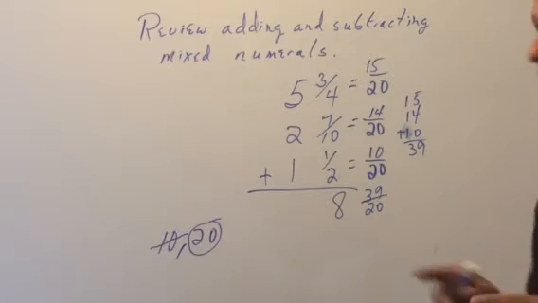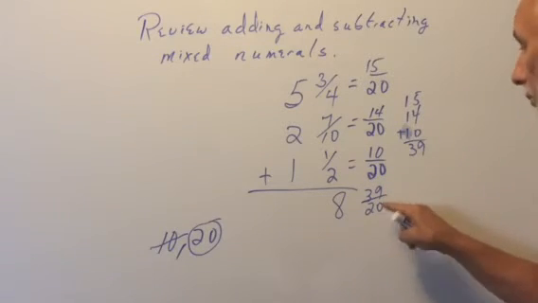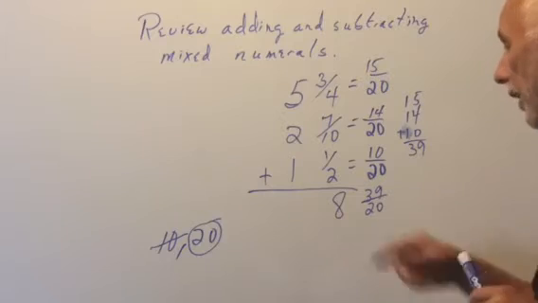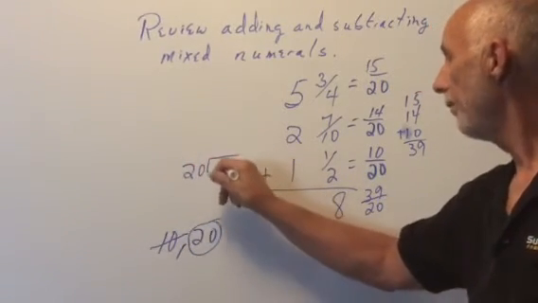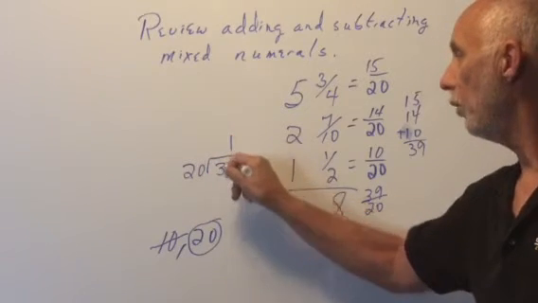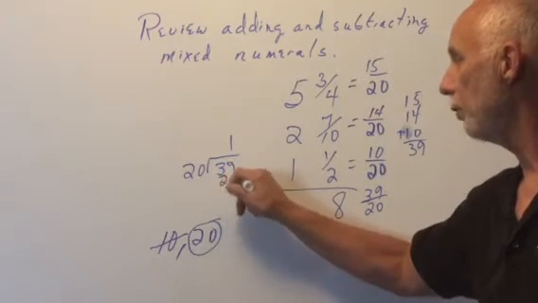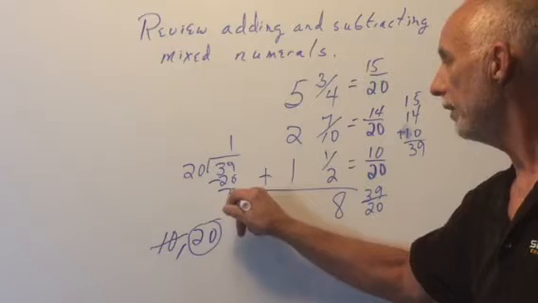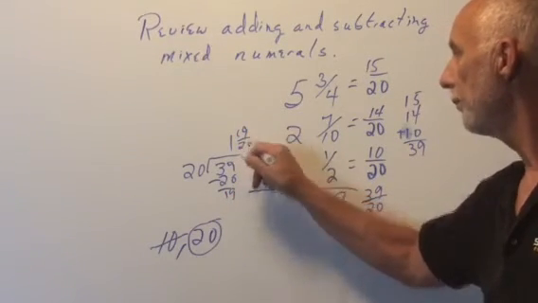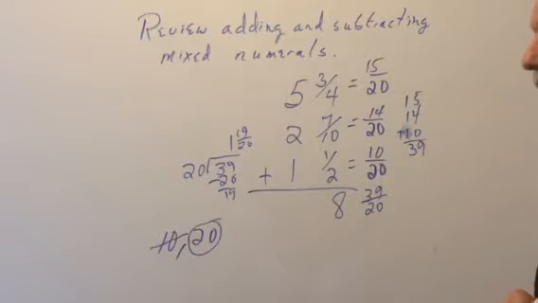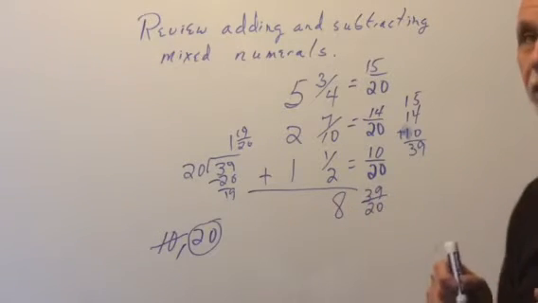It's improper. How do I know it's improper? The top is bigger than the bottom. So I have to divide the bottom, 20, into the top, 39. It goes 1 times, 1 times 20 is 20, remainder 19. So my answer becomes 1 and 19/20ths. But it can't be 1 and 19/20ths because it was 8 and 39/20ths.